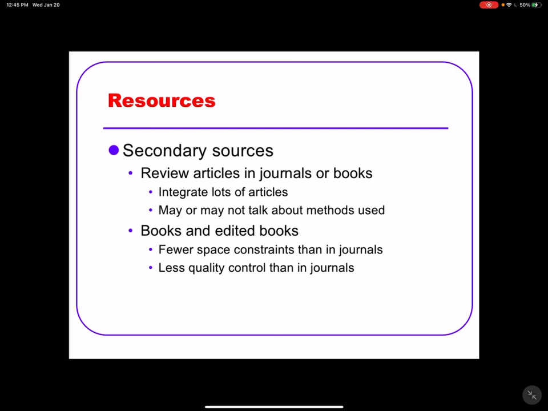Books don't have quite those constraints, so the authors can spend a little more time describing the background and related factors. So sometimes a book is easier to read. I prefer journals definitely, but if you find one or two books and can find an article, that's okay, because they're easier to read, especially when you're just starting out like you guys, because the stuff can be really hard.